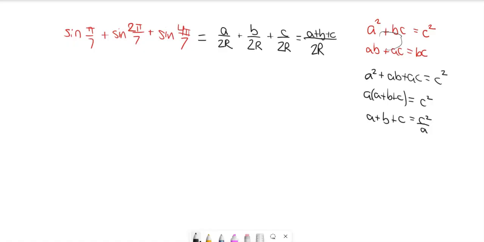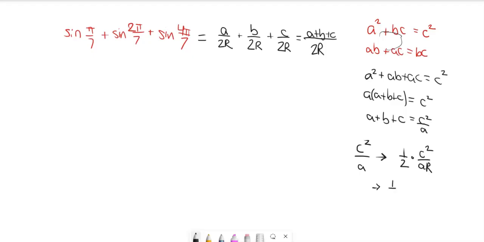But here's the thing. We know for a fact that if we divide c squared over a by 2r, we would get 1/2 times c squared over ar.